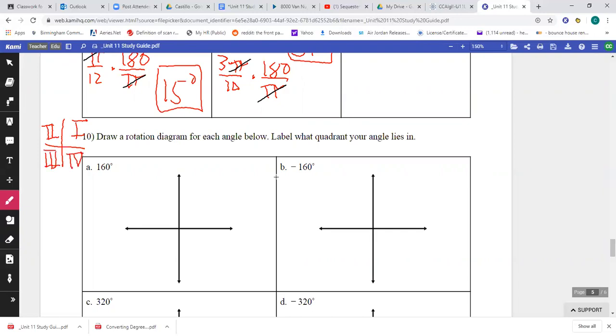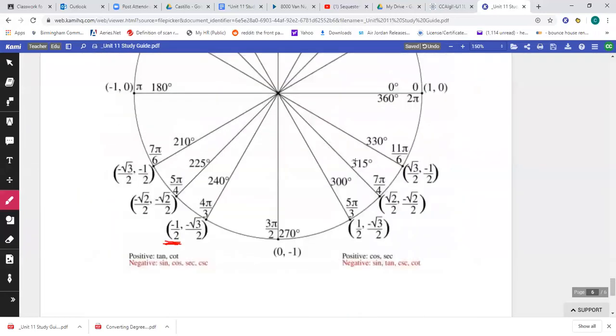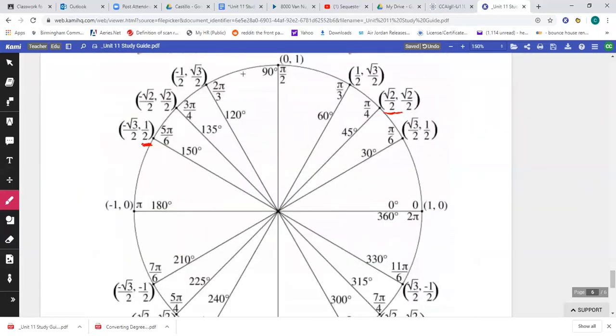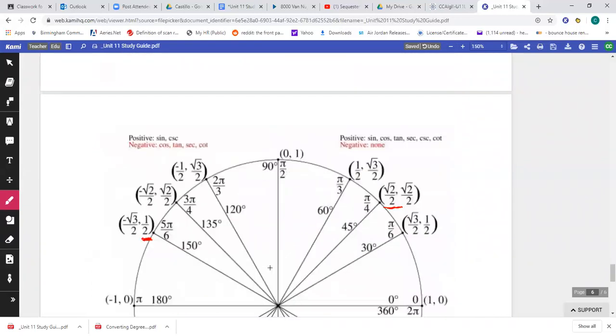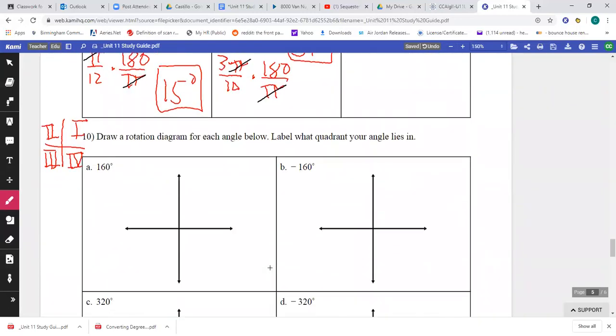Remember, we go in a counterclockwise direction. So remember that, and you could use this unit circle to help you here, right? So you have 0 here, 90, 180, 270.